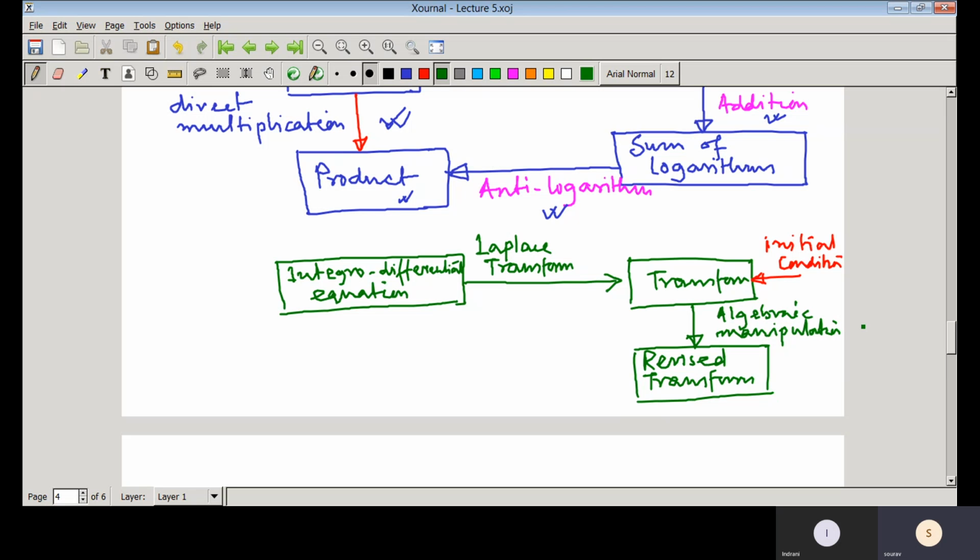Now how do we get the solution? The solution is obtained just by taking the inverse Laplace transform.